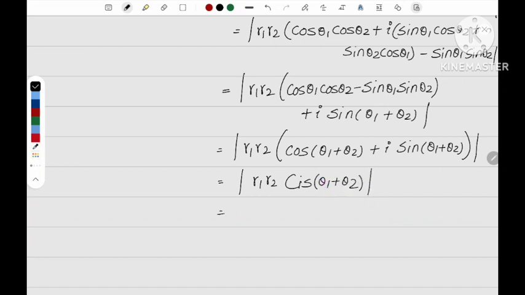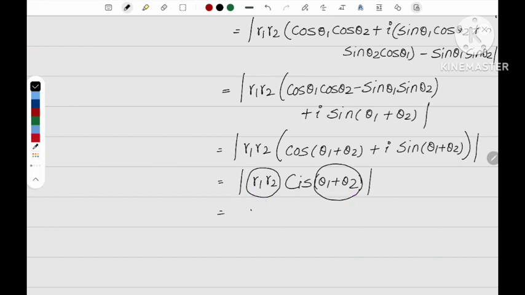So now this becomes the form of R cis theta. This is the form of R cis theta. And what is the magnitude of R cis theta? Is R. That is precisely the polar form, right? So R cis theta, so this is in place of magnitude and this is in place of argument.